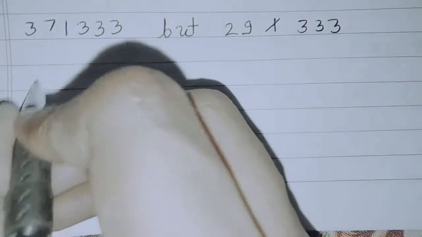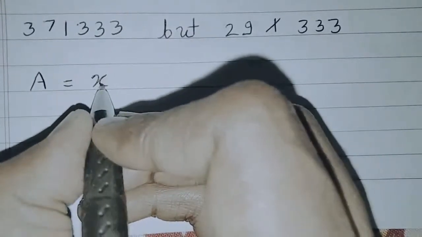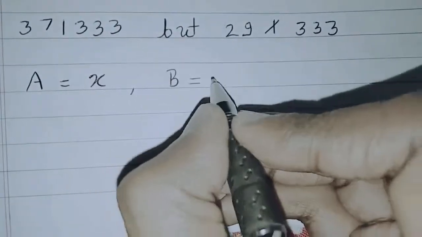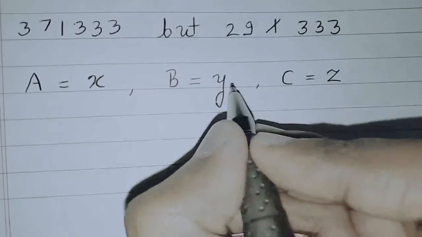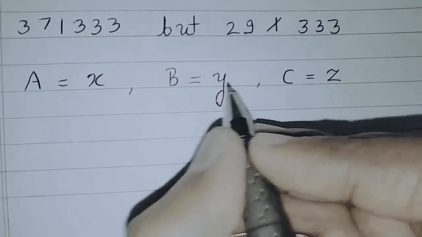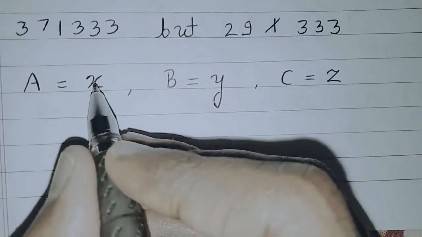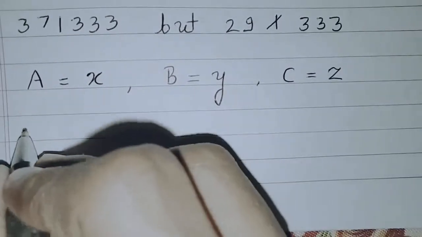here we take A equals X, where X is any decimal digit. The same way B equals Y and C equals Z. Here X, Y and Z, all these three are decimal digits, therefore they all have values from 0 to 9.